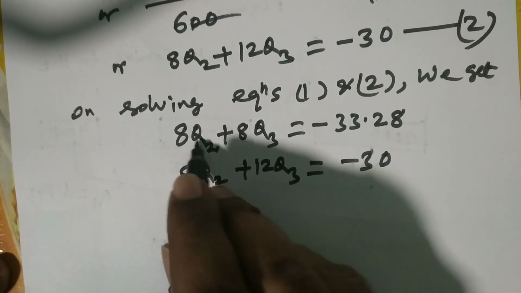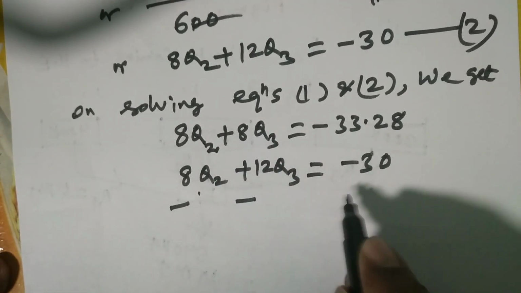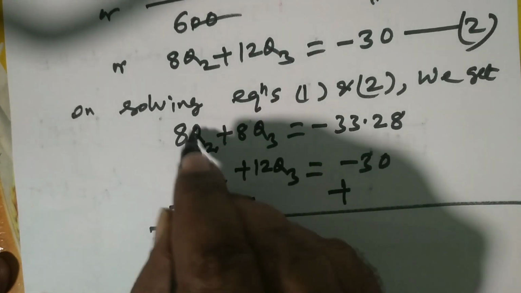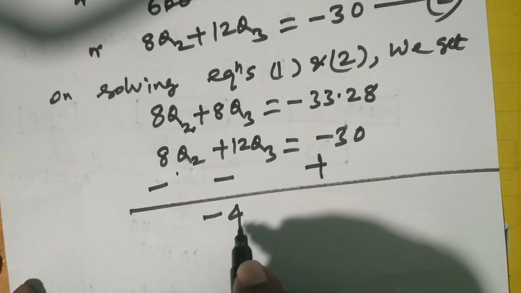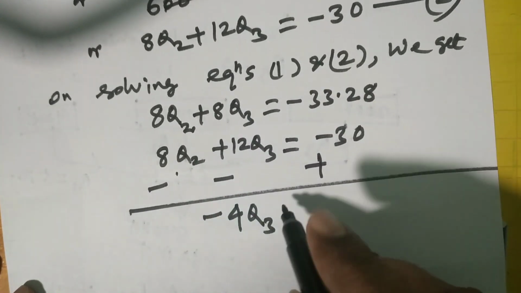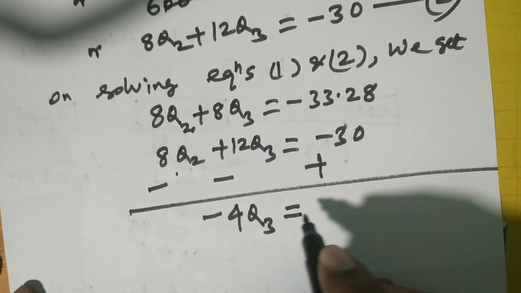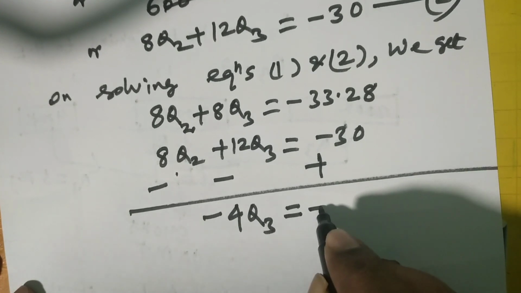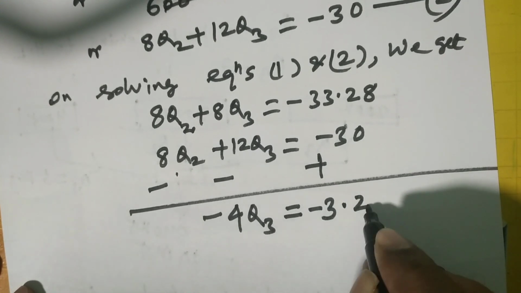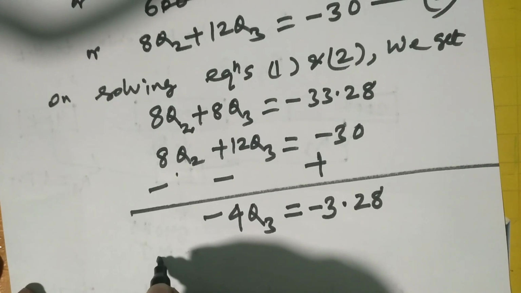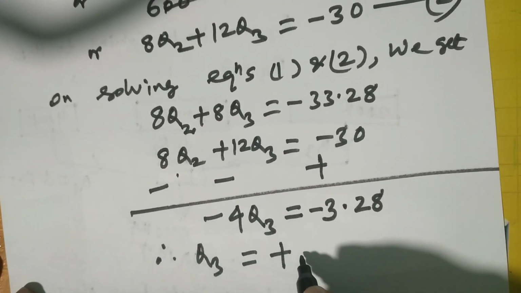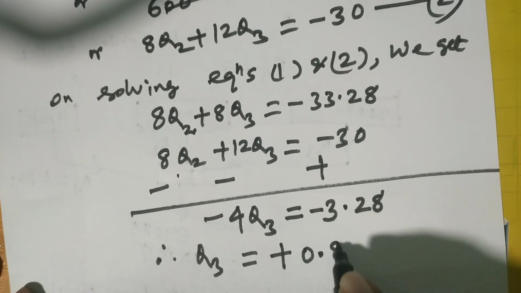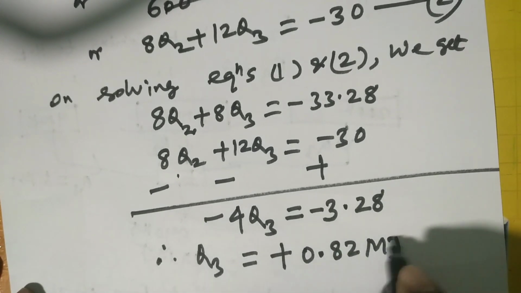Subtracting equation 2 from equation 1, 8Q2 minus 8Q2 cancels out, only 8Q3 minus 12Q3, minus 4Q3, equals minus 3.28. So Q3 is plus 0.82 megajoule. So whatever direction we have assumed is correct.